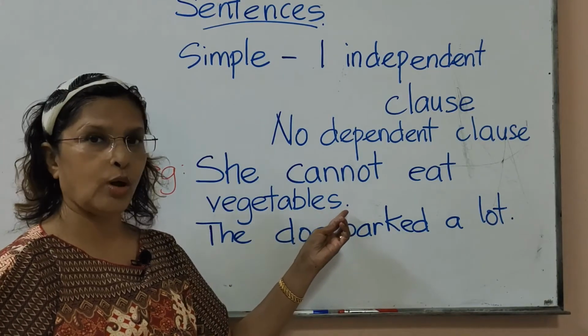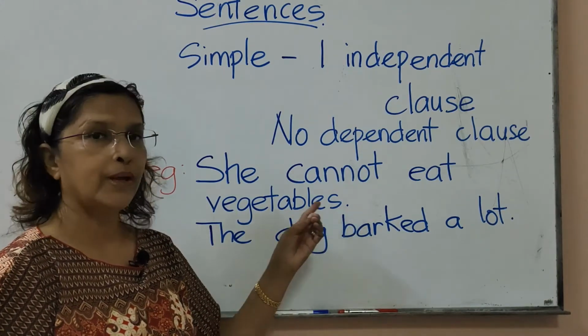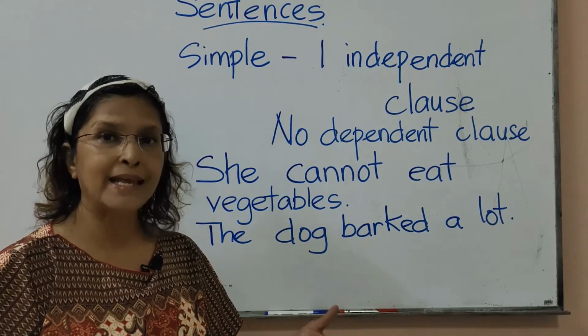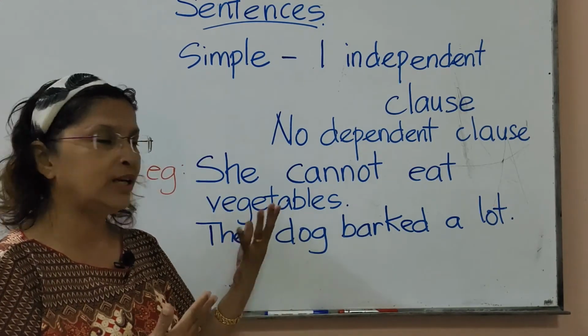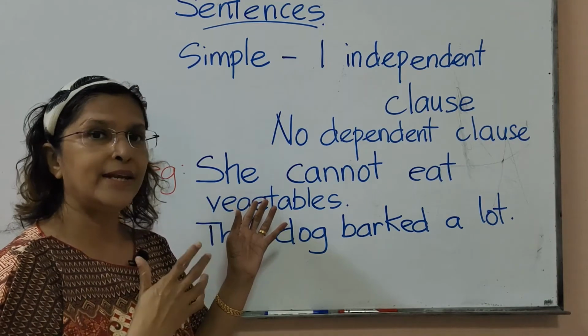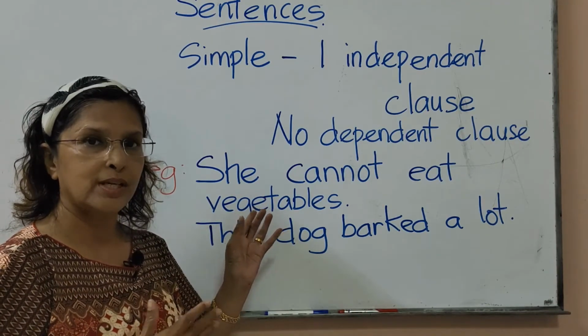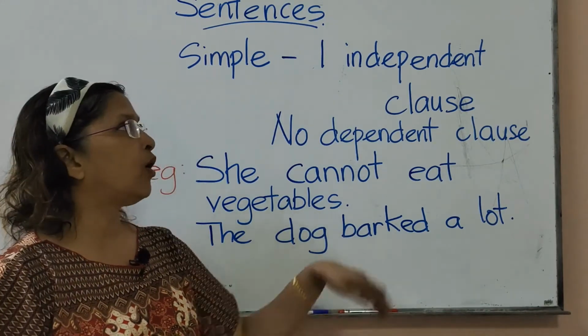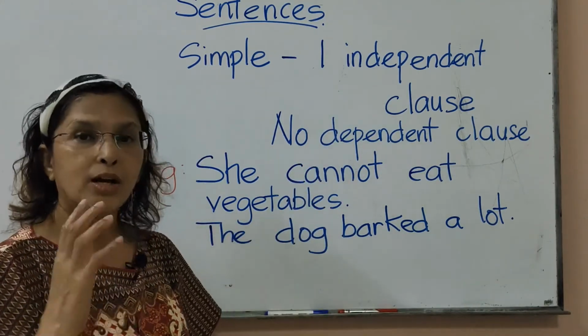Can I put a full stop? If I put a full stop here, does that mean anything to you? Yes, you understand the meaning of the sentence. She cannot eat vegetables. So it can stand on its own, and that is called an independent clause.